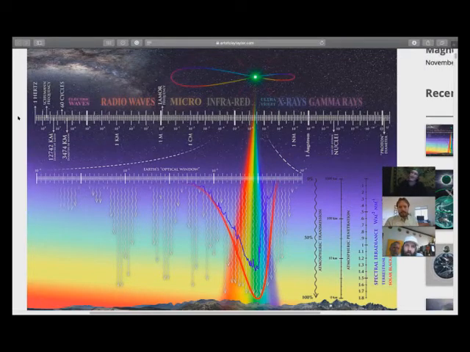But ultimately, when we're talking about light, we're talking about these electromagnetic and atomic interactions between matter, and how it shares and neutralizes its energy between the rest of the universe.